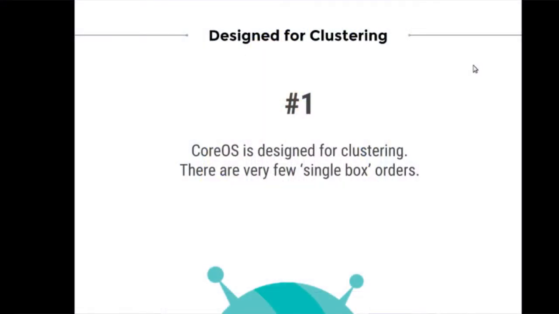These are some of the differences I've noticed from CoreOS to more traditional operating systems. It's designed for clustering out of the box. With a traditional hosting provider, it's not uncommon for us to get single box orders where people want just a Debian box. And it's also not uncommon for us to do things like year-long contracts for a discount, but that's not exactly the model CoreOS is going on.